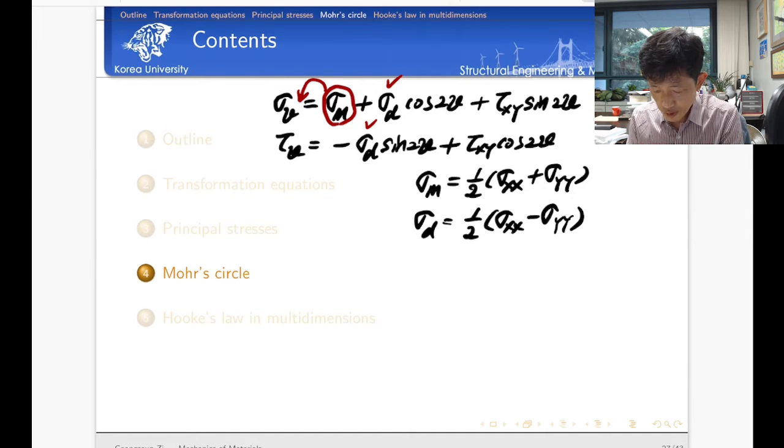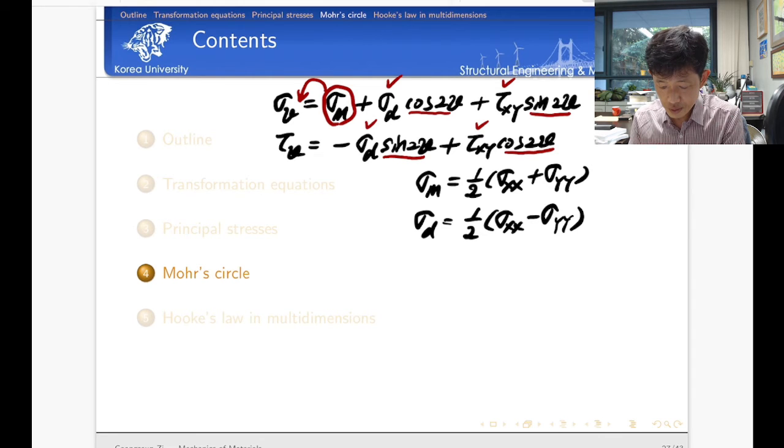Also, if you look at the second term in the first equation, I have tau xy, and I have the same coefficient tau xy in the second equation. These two coefficients are multiplied by cosine and sine, and in the second equation we have sine and cosine. Then what's going to happen if you square these two equations?